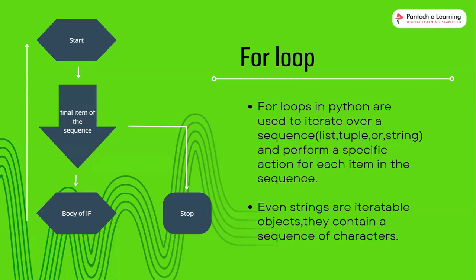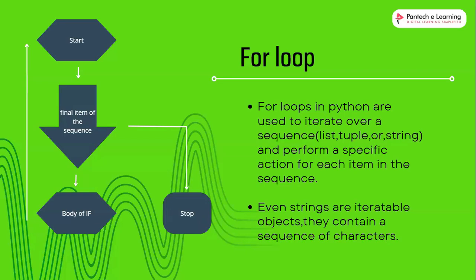The sequence variable contains a list, tuple, or string. We already know these three data types: a list is enclosed in square brackets, a tuple in normal parentheses, and a string in quotation marks. Even strings are iterable objects; they contain a sequence of characters.